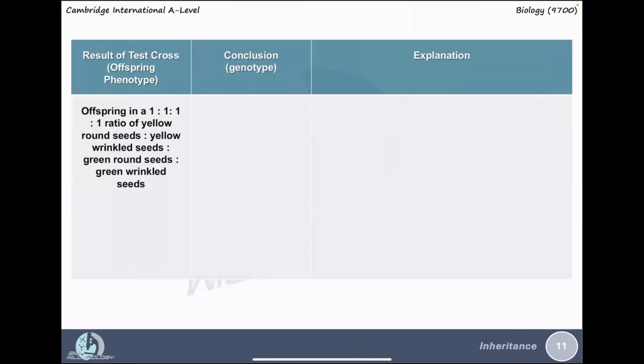If the offspring phenotypic ratio is 1 to 1 to 1 to 1, the conclusion is that the yellow seed parent must be heterozygous for both gene loci. Therefore, the offspring show four types of phenotypes.